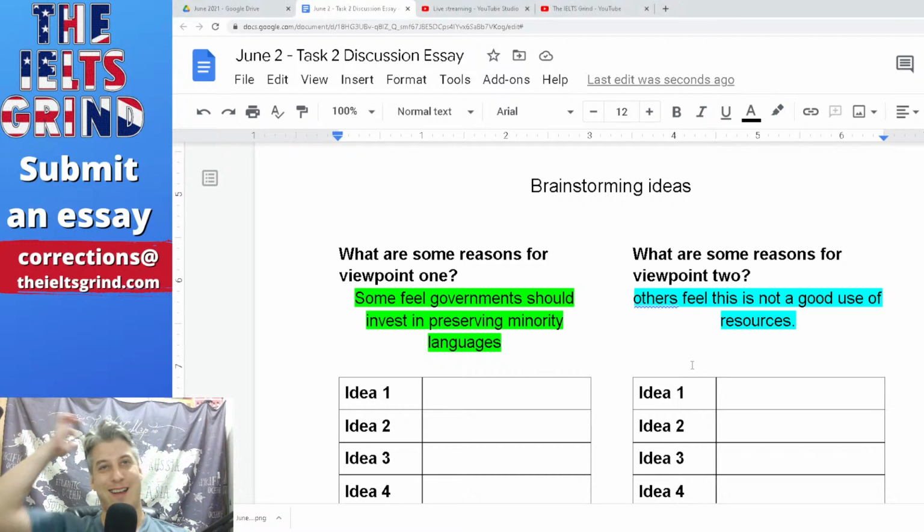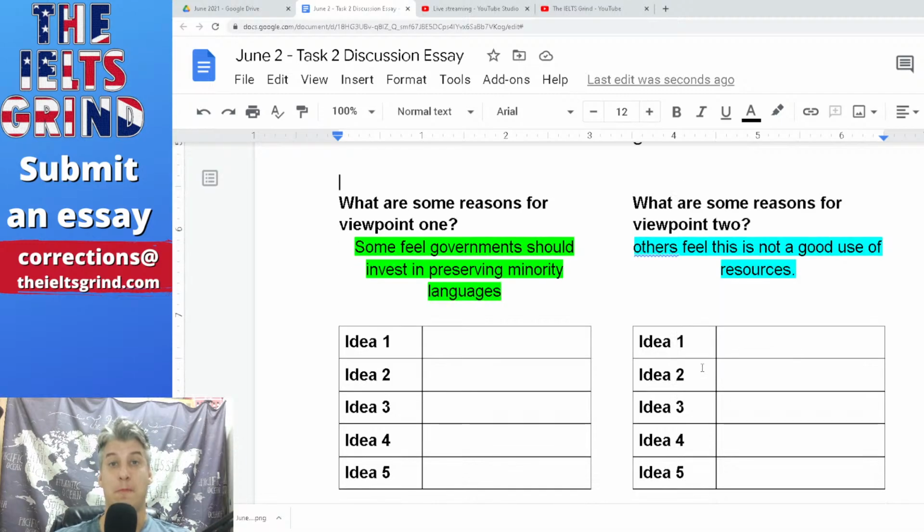What we have to do is try and come up with as many ideas as we can about these two viewpoints, because some of them will not be good ideas for the essay. Sometimes we can think of an idea, but we don't know how to develop it.